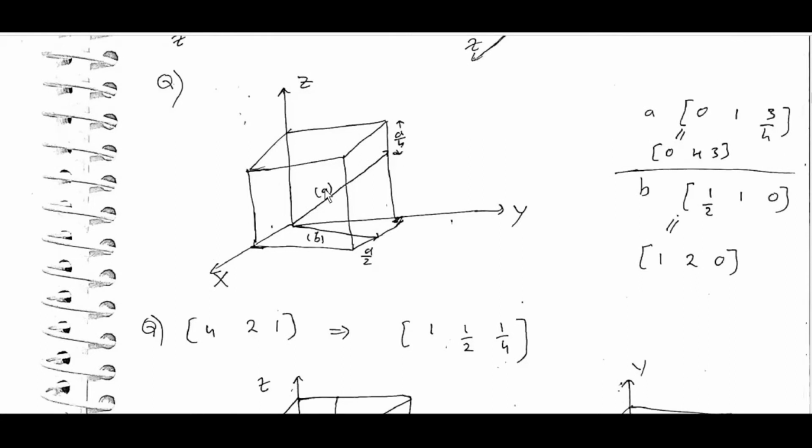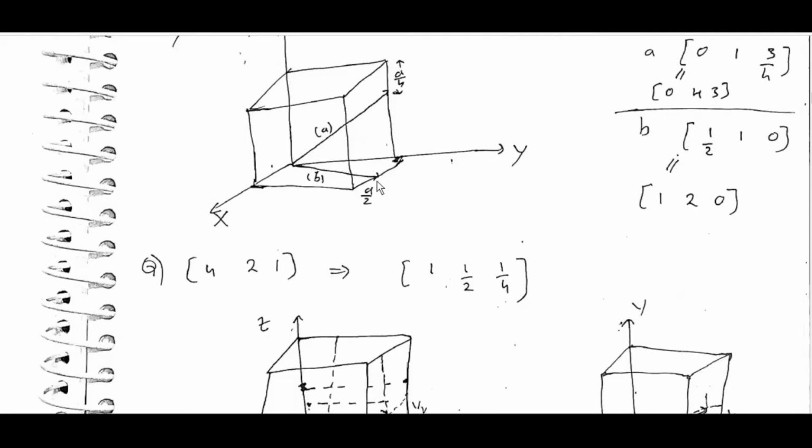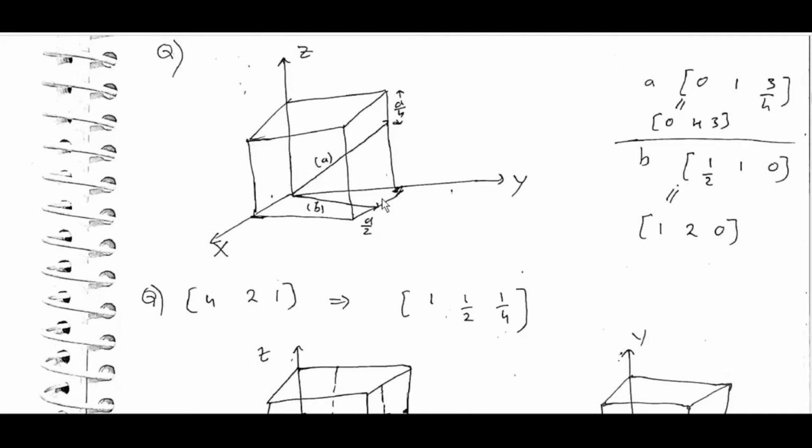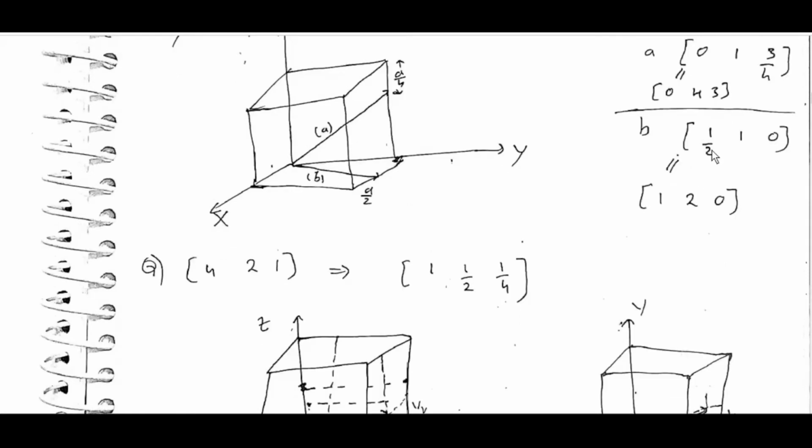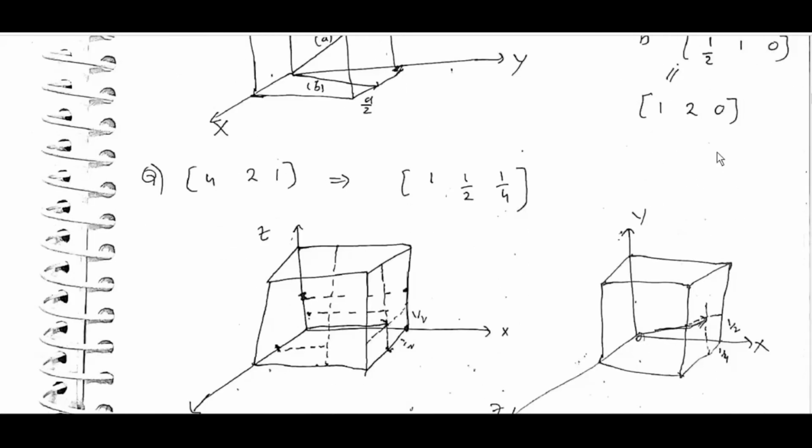If this line has to be represented, then 0 1 3 by 4, which is equivalent to 0 4 3 multiplied by 4, and this is to be represented: x is a by half, y is 1, z is 0, so 120 is represented by 120.